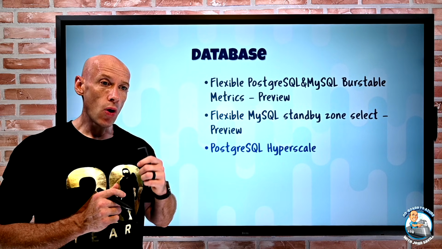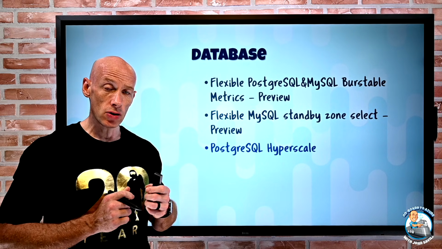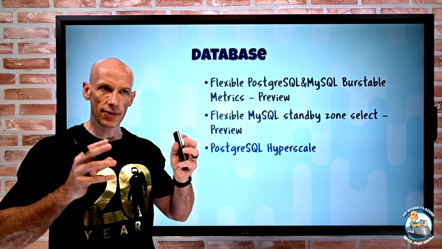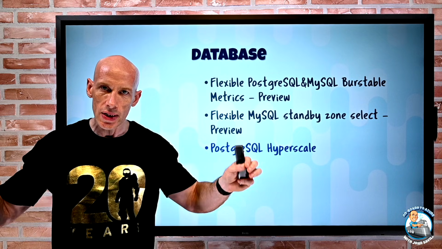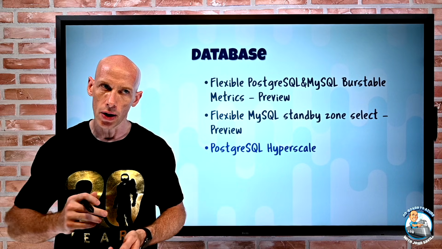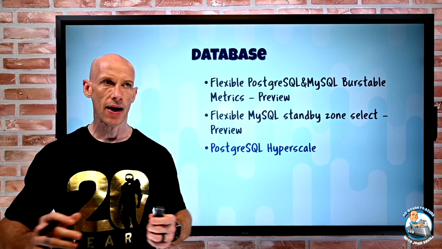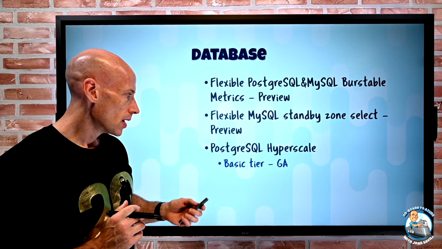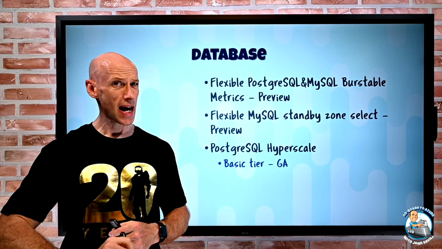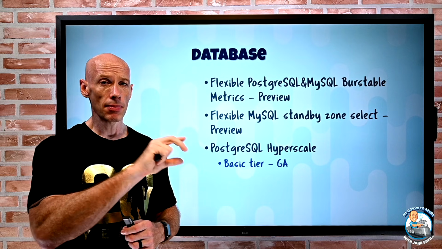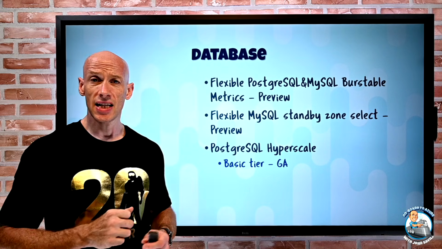And then PostgreSQL hyperscale. So remember, this is based on Citus, where I have that one coordinator node, but we partition out the actual data over lots of worker nodes. That gives us this infinite scale, very high performance. So the basic tier has gone GA. What I just said about having a coordinator node and then multiple workers, in the basic tier it doesn't.